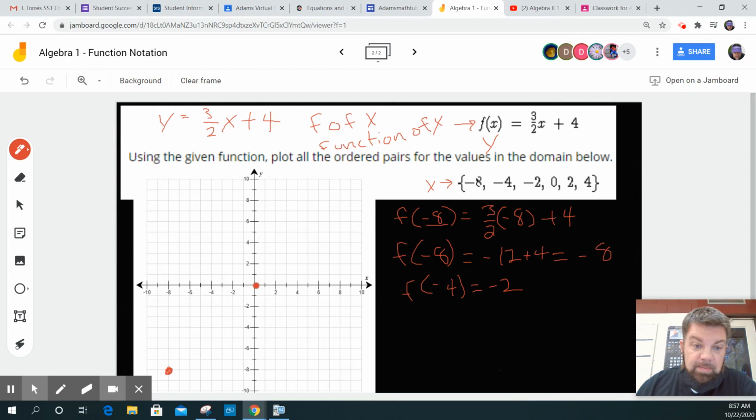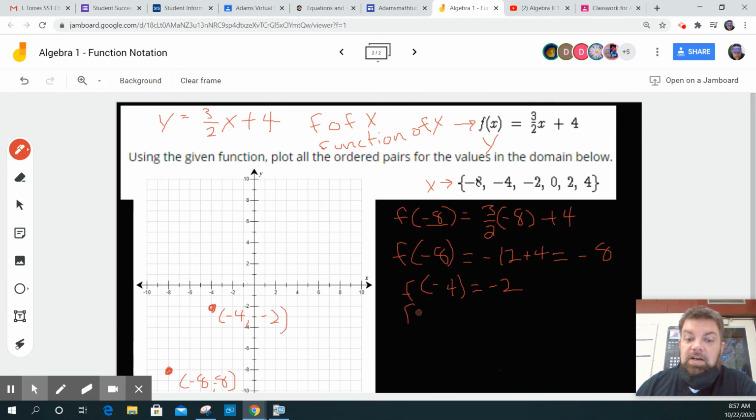That means to plot that point, I go 1, 2, 3, 4, and then down 1, 2, right? So this point here was -8, comma, -8. This point here was -4, comma, -2.